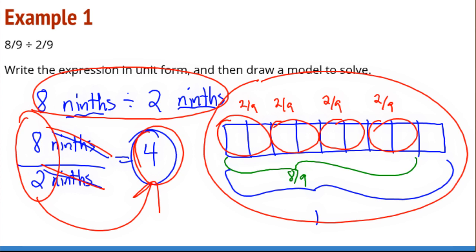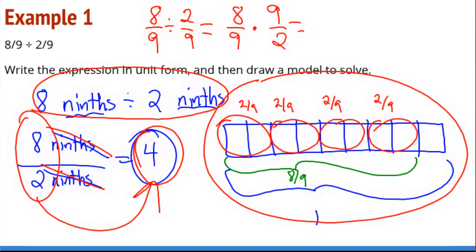Now, of course, the question is, does this connect to some of this multiplication stuff that we had done? And we had been playing with this 8 ninths divided by 2 ninths, and we were testing whether or not it was equal to 8 ninths times 9 halves.